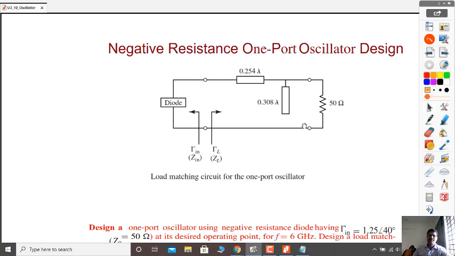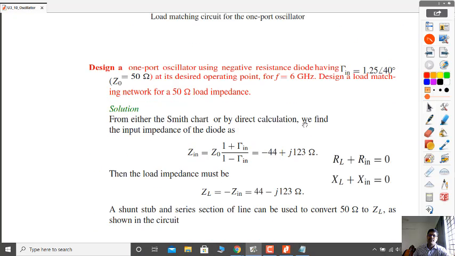So the design steps are: first we have to compute the Zin, the input impedance of the diode, corresponding to the given gamma in. The gamma in equals 1.25 angle 40 degrees.